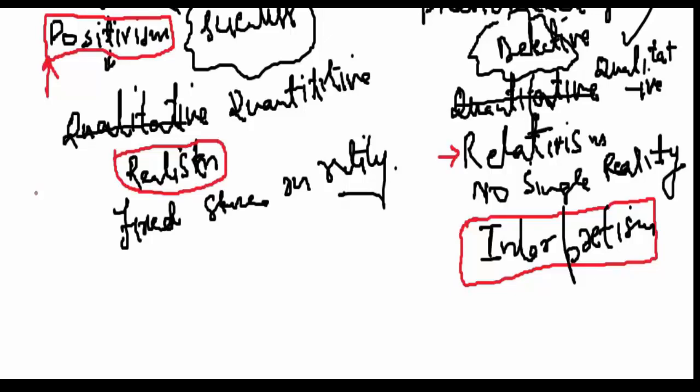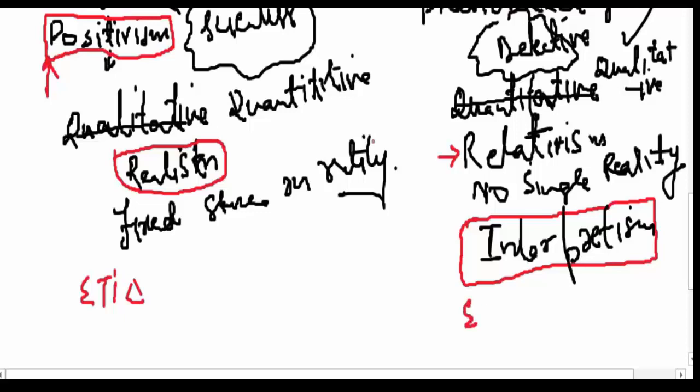While in the case of positivism, they think that reality is fixed. We add another pair of words here, what's called Etic versus Emic. In the case of Etic, it's a researcher's approach to knowledge discovery from an Etic perspective.